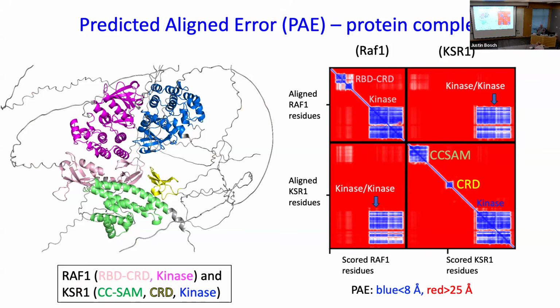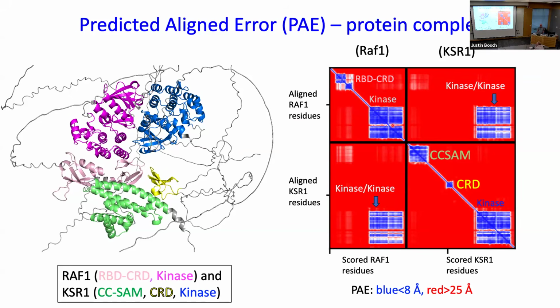Here's what the AlphaFold PAE matrix looks like for this complex. Along the diagonal is amino acids against themselves. The upper left box is RAF1 versus itself. It's square because it's the same number of amino acids, about 600 by 600.